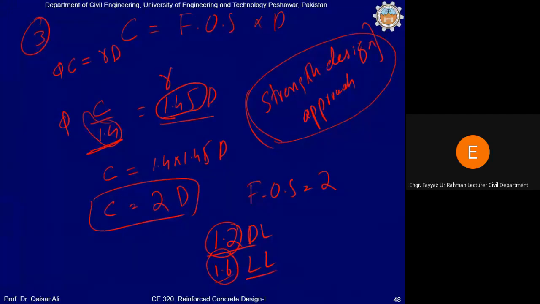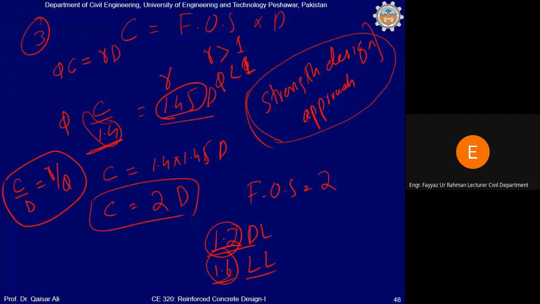Okay, so from this you can also calculate the factor of safety. C divided by D will be equal to γ divided by φ, where gamma will always be greater than 1. आप देखें 1.2, 1.6, and phi will always be less than 1 because this is strength reduction factor.